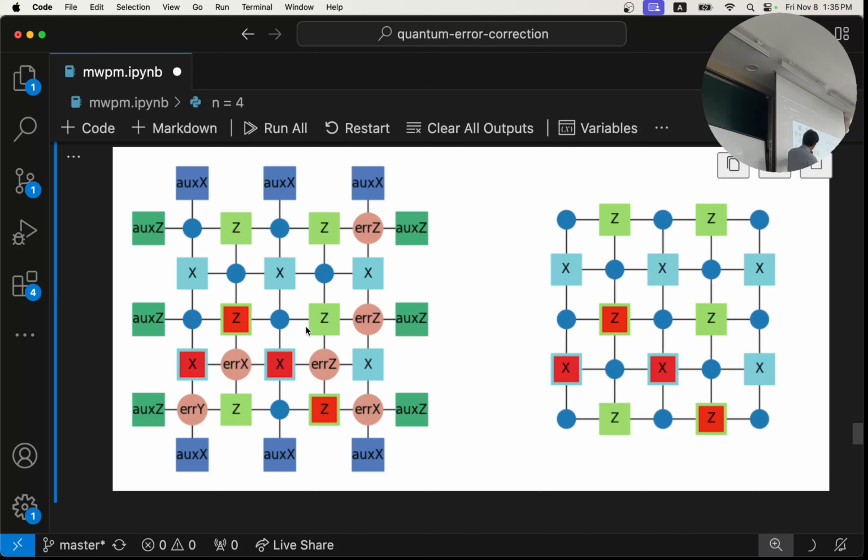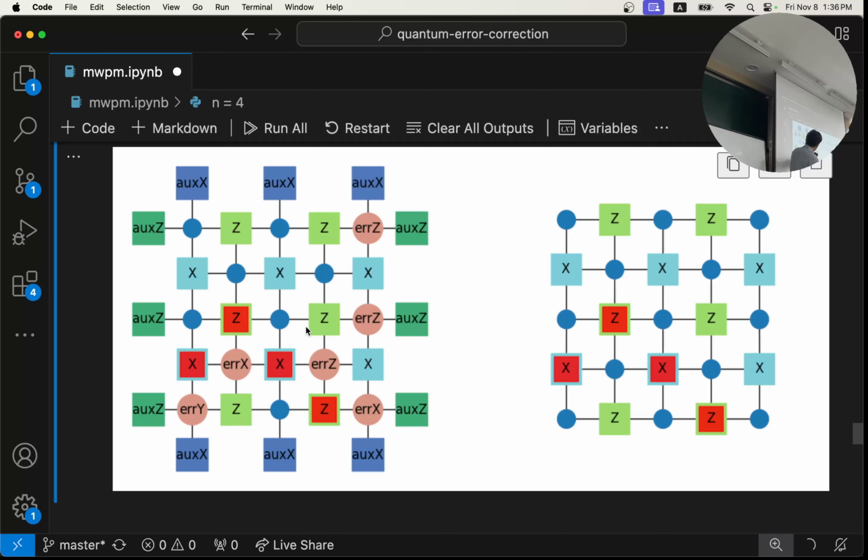If an X error occurred on this data qubit, when you take the syndrome measurement with X gate, you cannot detect X and X because X and X commute. So you can only detect X error when you use the syndrome measurement with the Z gate.